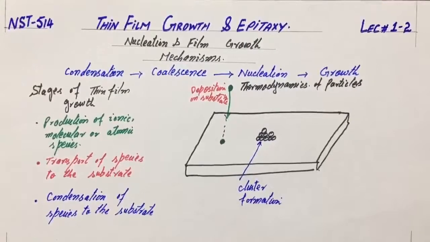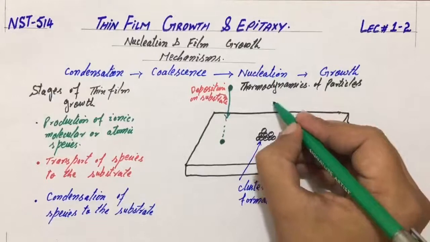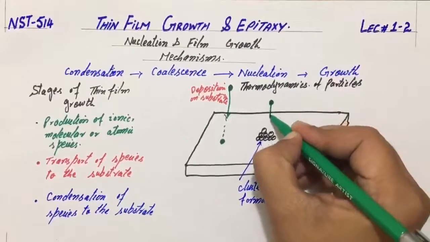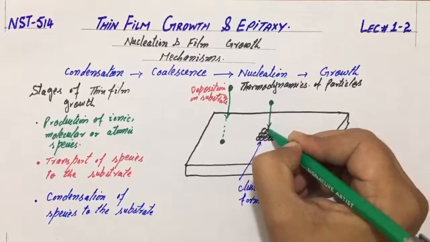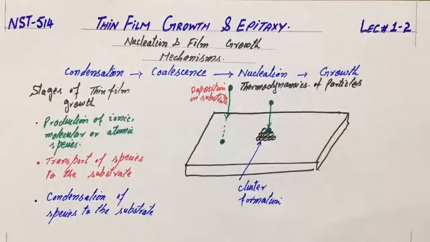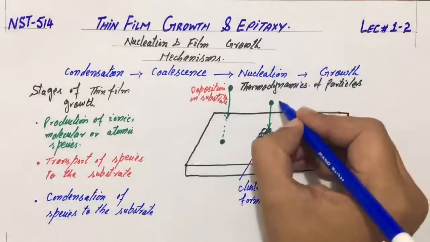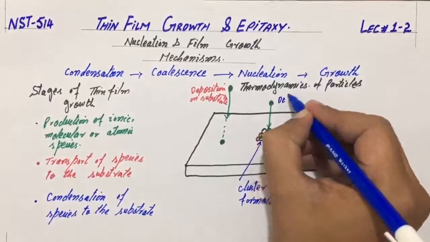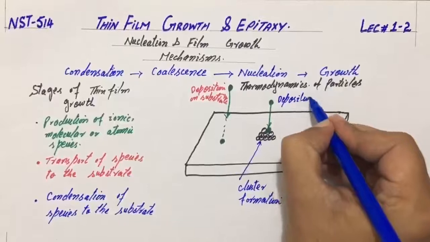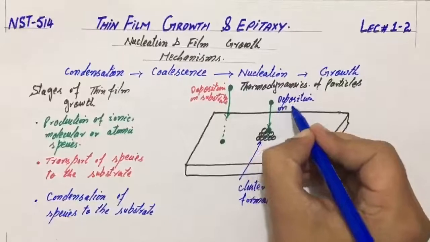So the second possibility is the deposition of this particle on the substrate surface, or on the cluster. So in this situation, the particle will be deposited on the cluster. So deposition on cluster.